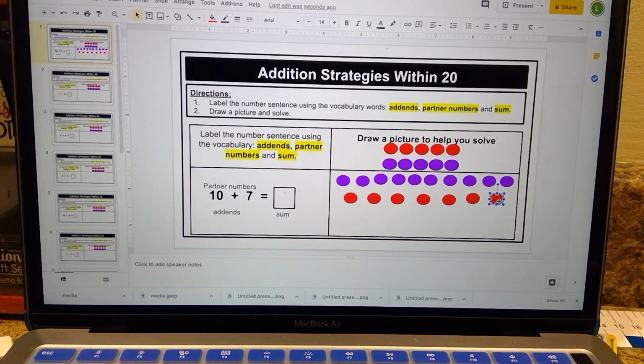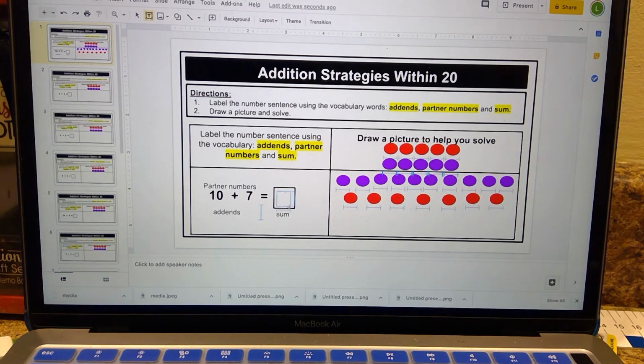Here I go. 1, 2, 3, 4, 5, 6, 7. Then I'm going to finish counting. 8, 9, 10, 11, 12, 13, 14, 15, 16, 17. So 10 plus 7 equals 17.